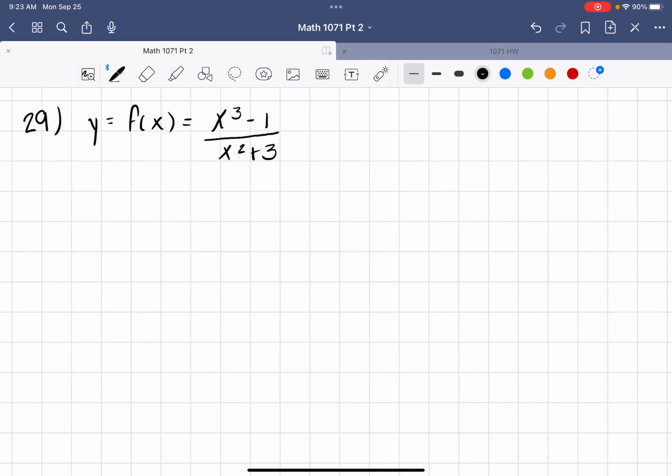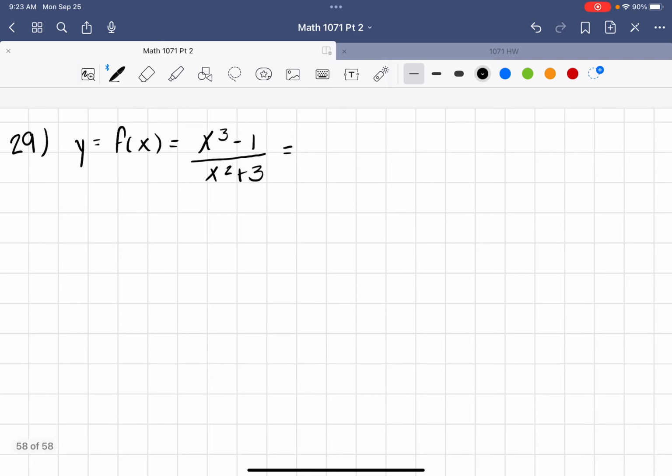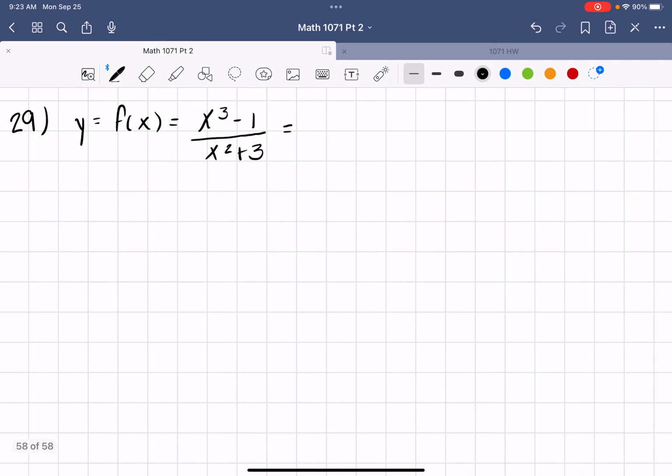And so we want the product, sorry, quotient. Quotient. So f prime, alias df dx.